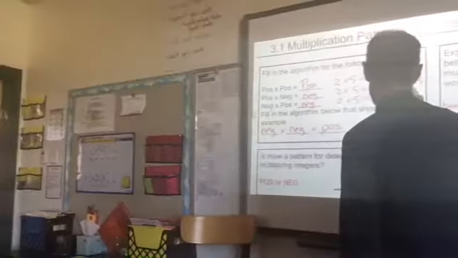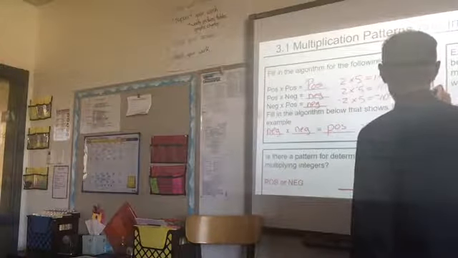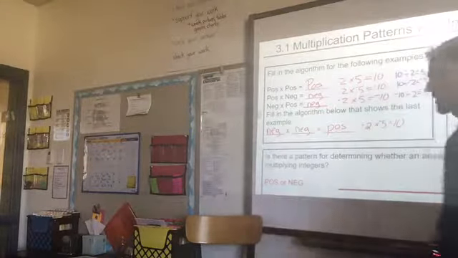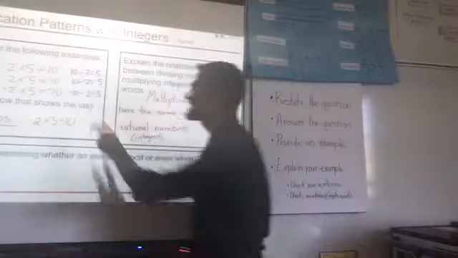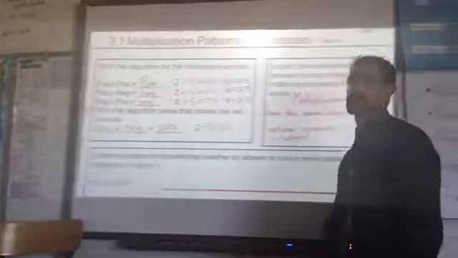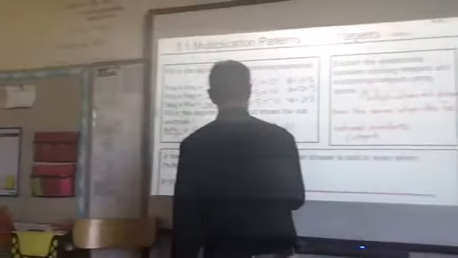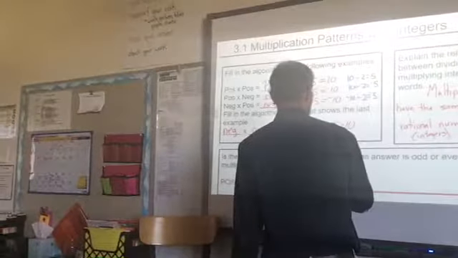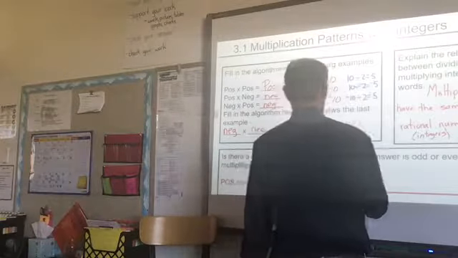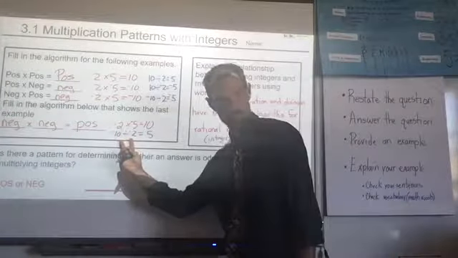So we go to the next one. Negative 10 divided by positive 2 equals negative 5, because again these signs are different. It's a negative divided by a positive, so I get a negative answer. And then, of course, the last one, negative 10 divided by negative 2 is positive 5 because the signs are the same.